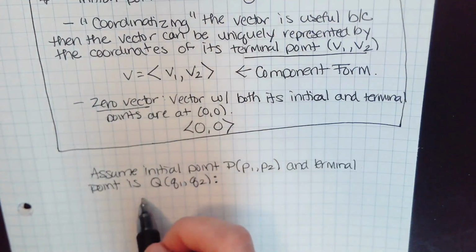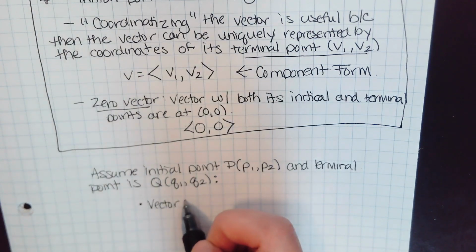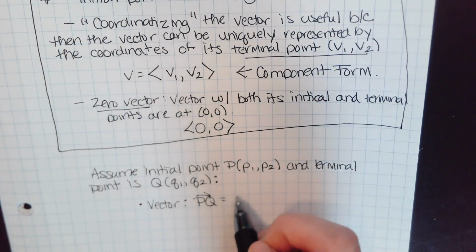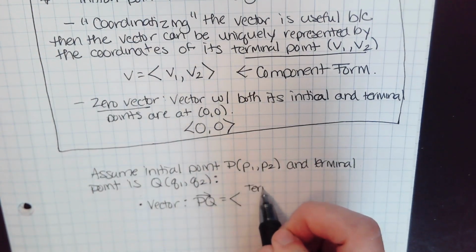Assuming that's true, if we want to find the vector PQ, we take the terminal point minus the initial point.